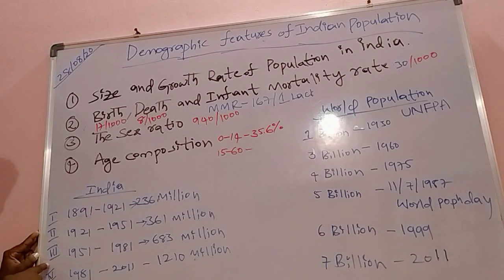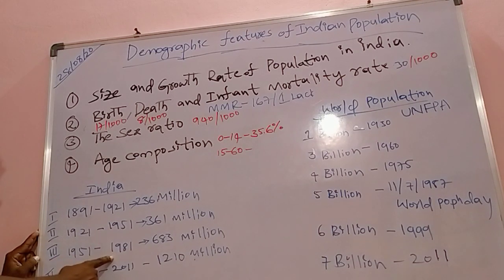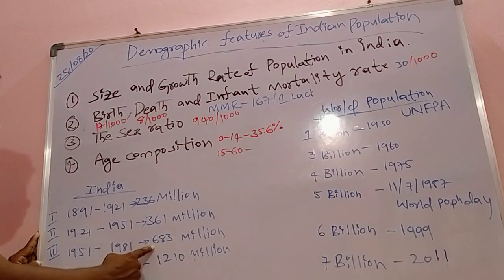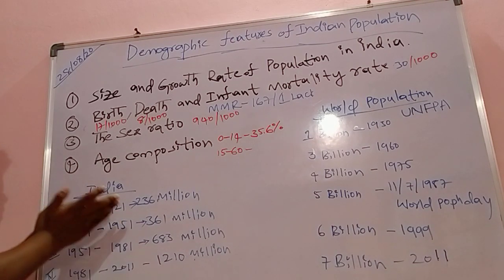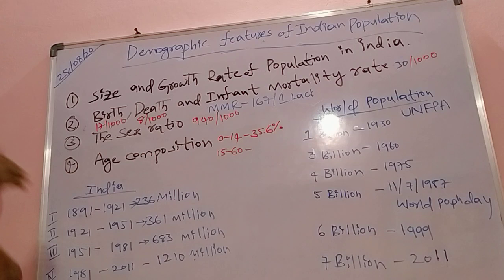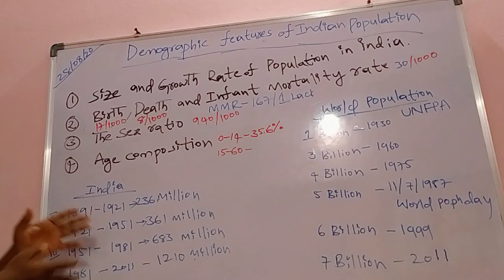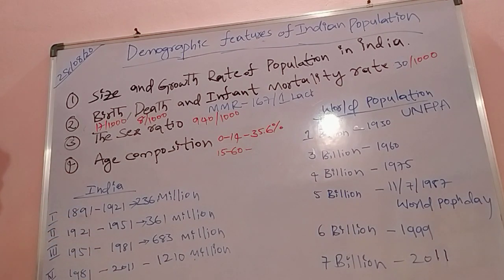And the third stage, 1951 to 1981, almost the population is double, 30 crores to 60 crores. Means it is almost double. So see how the population is increasing in India.